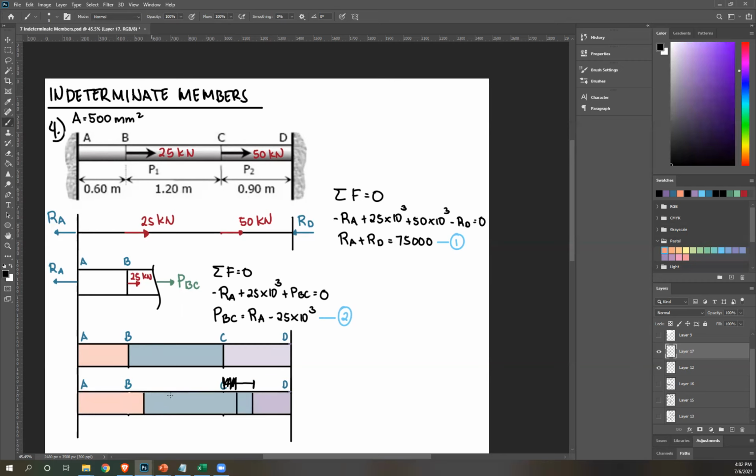Okay? You can also say that is how much AB elongated. Okay? So again, this 25 kilonewton force causes B to move here, so bar AB elongates. Okay? How much this elongated is equal to how much this elongated as well, right? So now we've established this is elongation of AB. And then this is elongation of BC because of the 50 kilonewton force, okay? And then this entire thing is how much segment CD compressed.